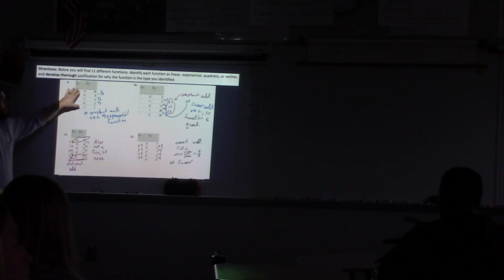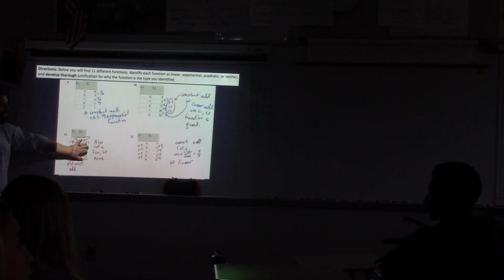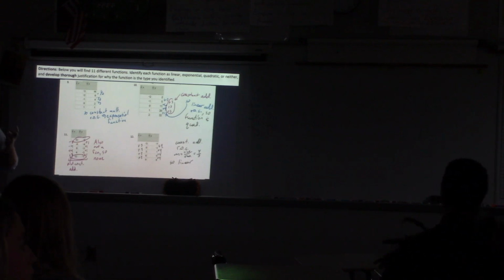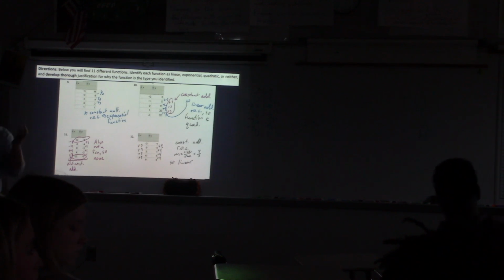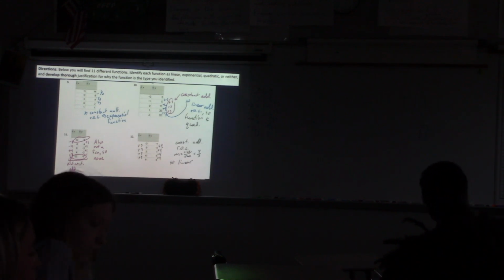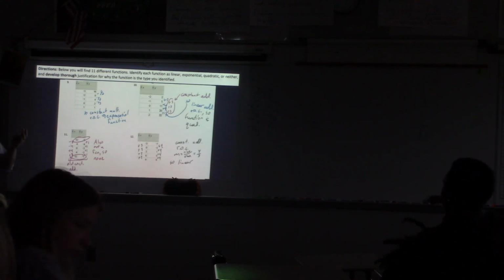Each input maps to one and only one output. If one input maps to more than one output, it's not a function. And if it's not a function, it can't be linear, exponential, or quadratic, because those are linear, exponential, and quadratic what? Functions, right? For a function, each input maps to one and only one output. That's how I always word it. Each element of the domain maps to one element of the range.